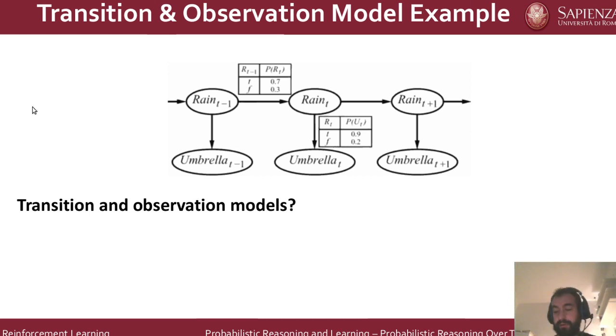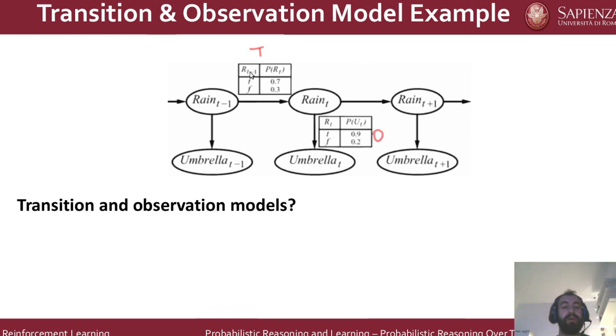The Bayes network that we have here is giving us a specification of the conditional probability tables for the transition function, and for the observation function.